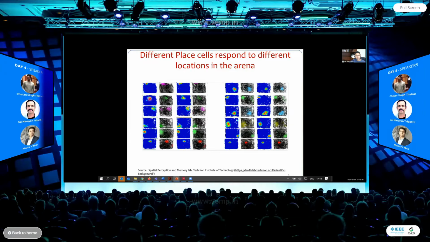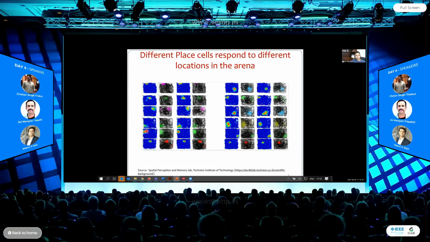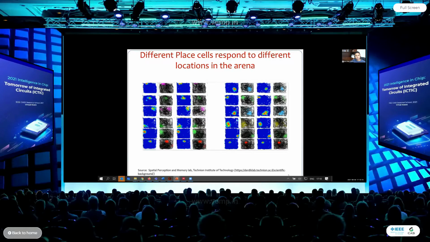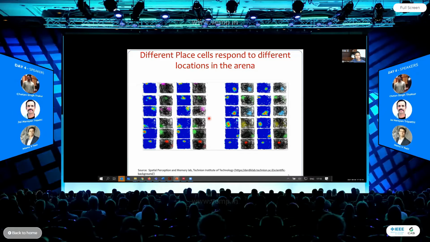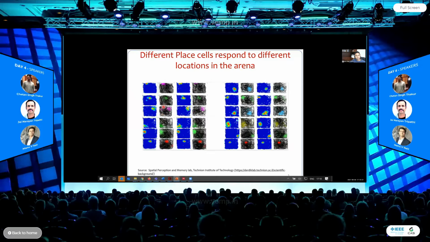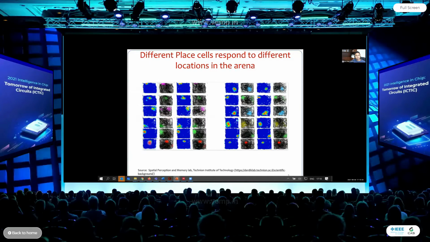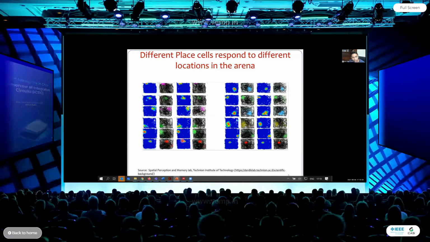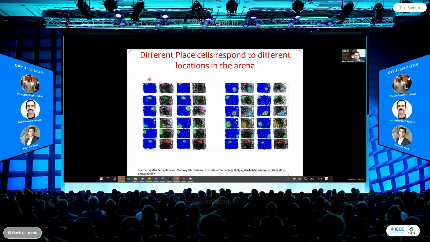You can see this could be a different neuron, and they encode different place fields. There are multiple different neurons which we are showing here, and this is the trajectory of a rat moving randomly in an arena, and that particular neuron is activated at a particular location. So this is about the place cells in the hippocampus.